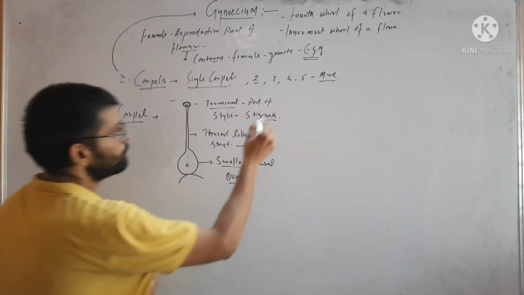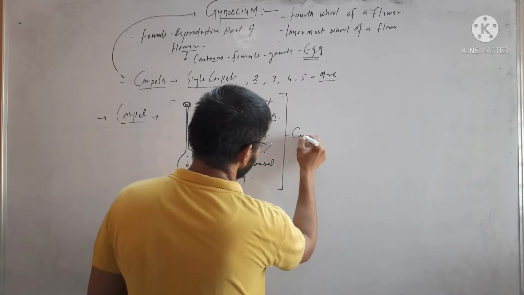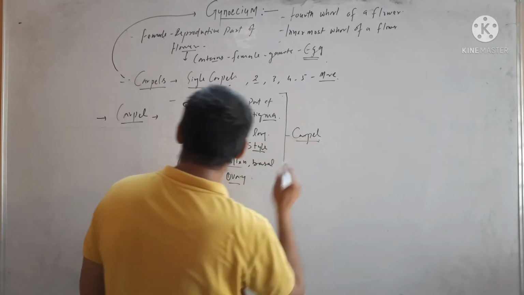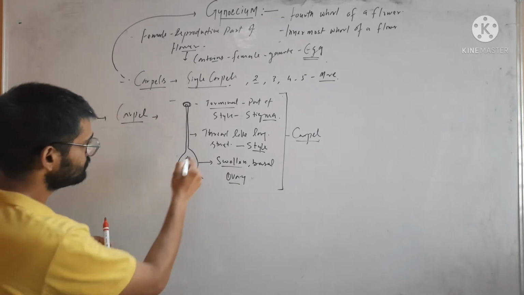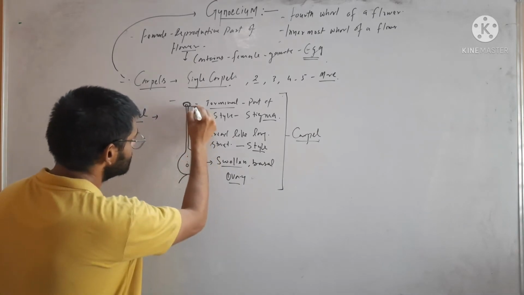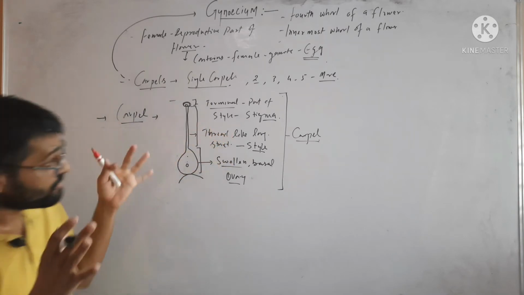So a carpel consists of three parts, that is ovary, style and stigma. So this is a carpel.